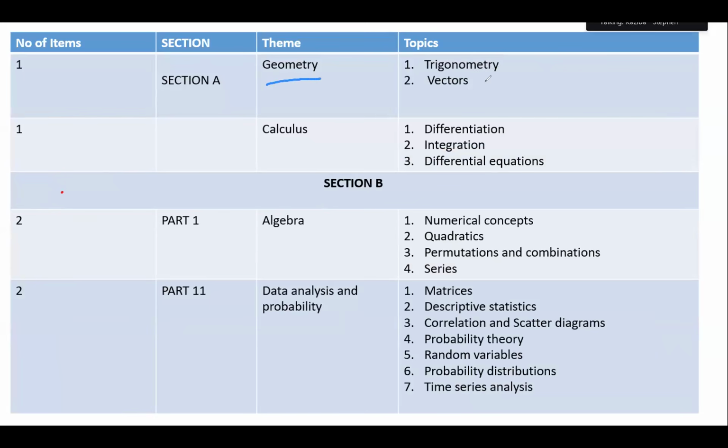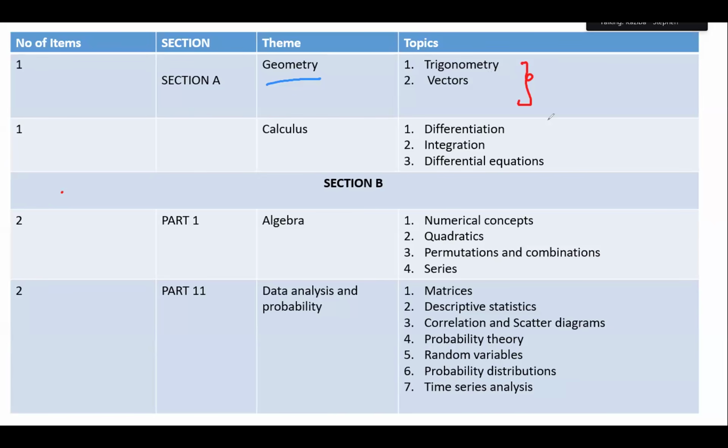Meaning that when they are setting an item, it can have vectors and trigonometry combined. But also an item can come when it has just one part, let me say vectors, or when it has trigonometry only. But when you are approaching this section, you need to know, do I know how to find angles? Do I know how to solve trigonometric equations? Because those are the major things.